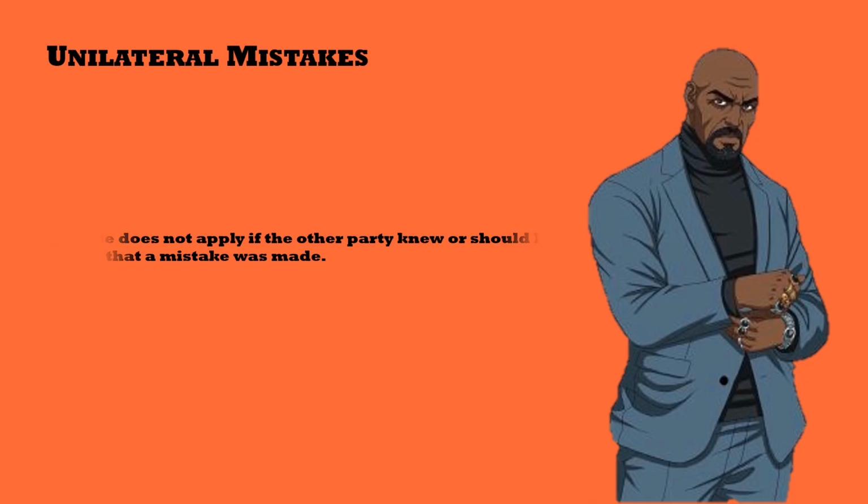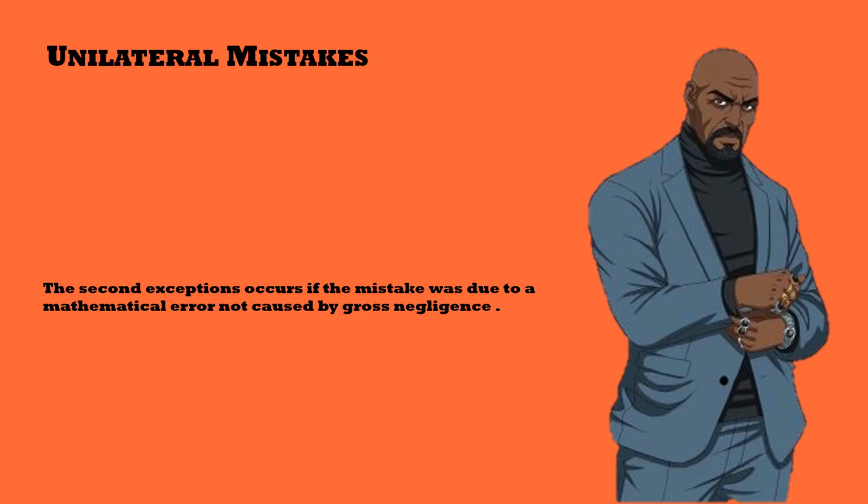Now, the second exception occurs if the mistake was due to a mathematical error not caused by gross negligence. Now, in order to determine whether the mistake was caused by gross negligence or not, you have to look at two things: time and complexity.